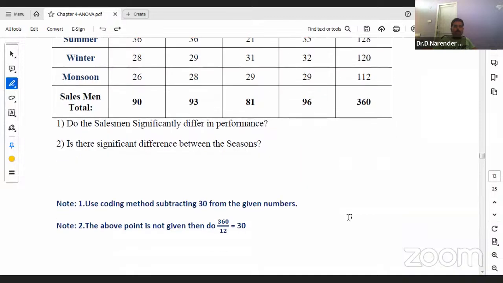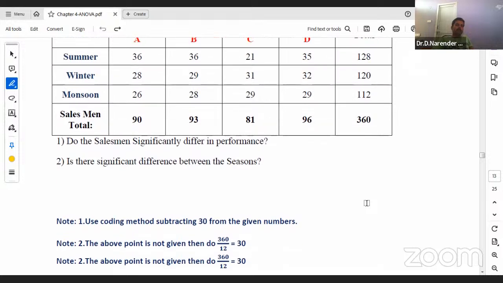We have only one more minute. Look here. When a two-way classification problem like this is given, note number 1 and note number 2 are important. Tomorrow we are going to do the problem in detail, but we have one more minute, so we'll discuss note number 1 and note number 2. Use the coding method, subtracting 30 from the given numbers. Forget the salesman total and seasons total.